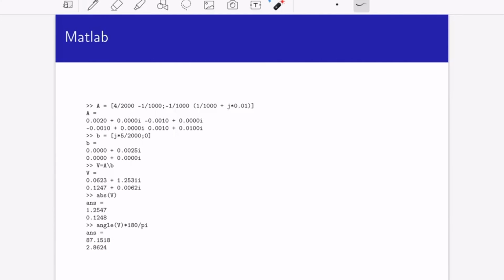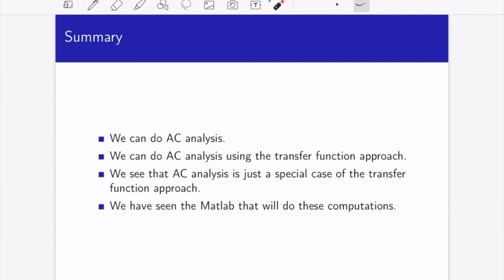So MATLAB can be a very valuable tool for checking your answers. In summary, we've looked at AC analysis in two different ways. We've used our knowledge of transfer functions from our passive filtering analysis section of our course, and then substituted in the value j omega for s.